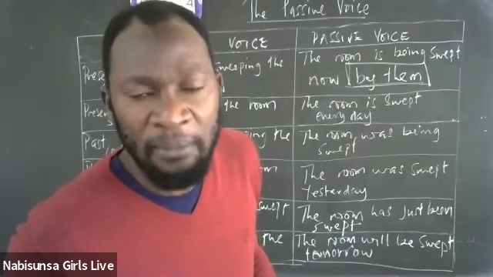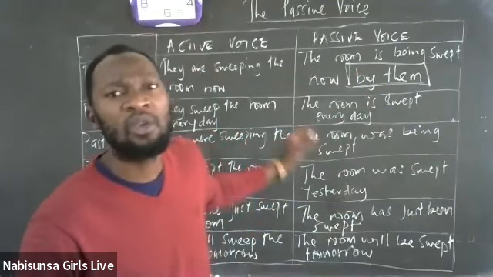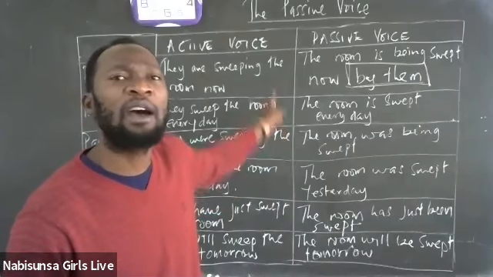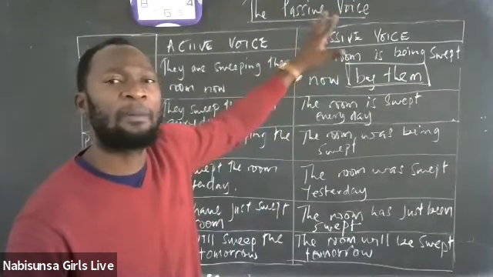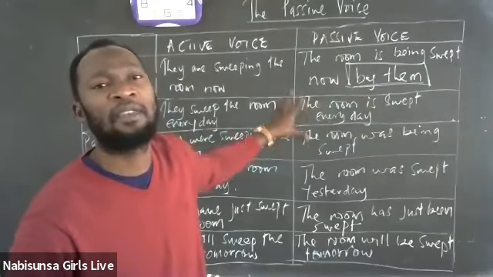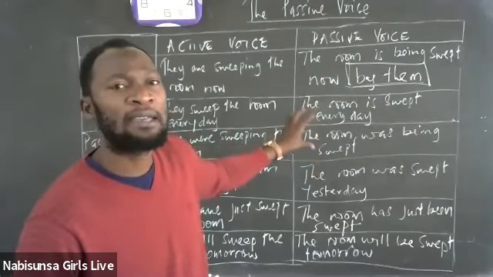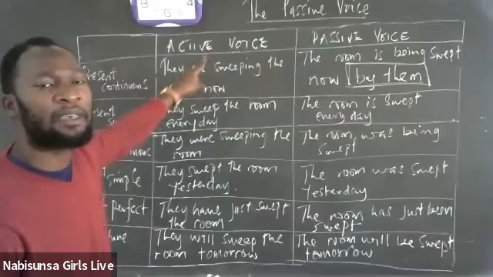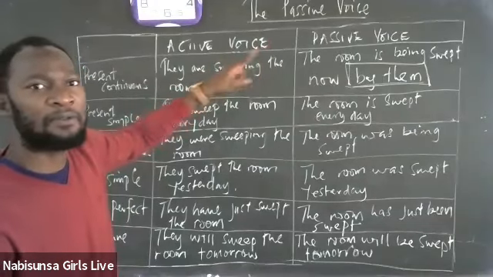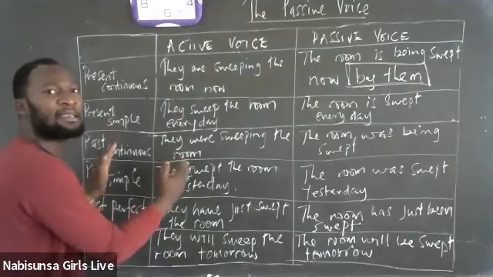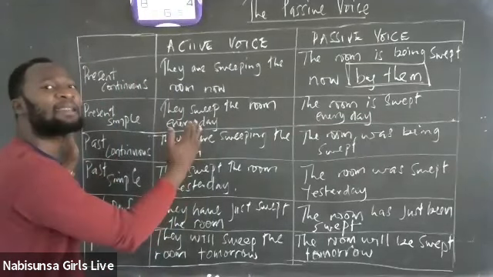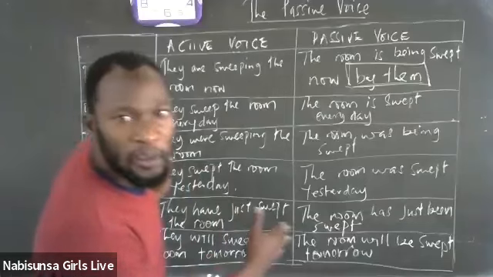Teacher, I have just come in. I am lost. Okay, those who have just come in, we are talking about the passive voice. We want to see how the passive voice expresses itself in the English language. And we are saying that it comes from the active voice. These here are the tenses that can help us deal with the passive voice.